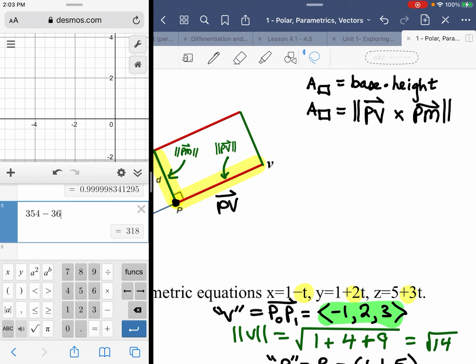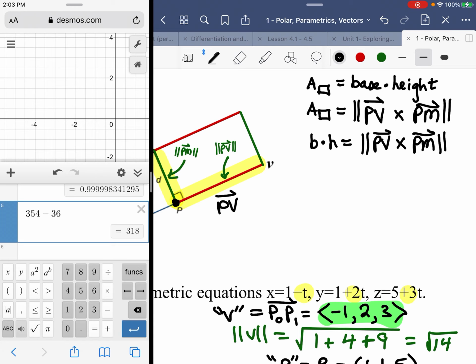So if I want to find base times height, and I know that that's equivalent to the magnitude of PV crossed against PM, the height, I would let that be PM. The base, I would let that be equal to PV.